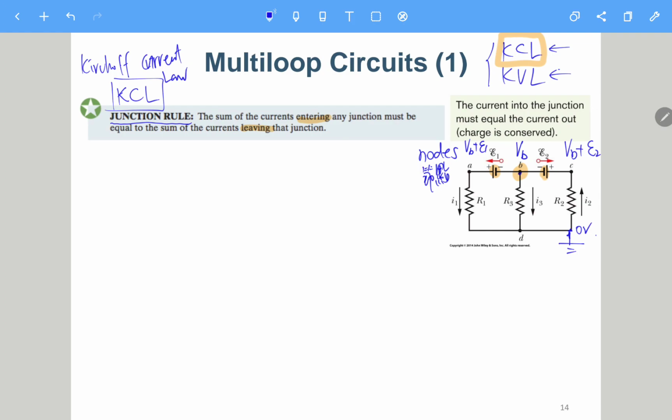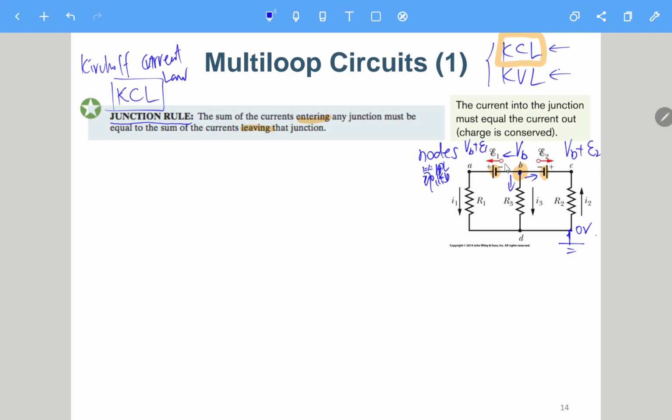This current, this current, this current, 3 currents going out, because we only have 3 lines connected to this node. So there are only 3 currents. I just consider all the current to be going out.